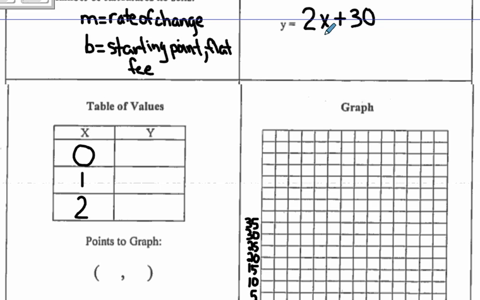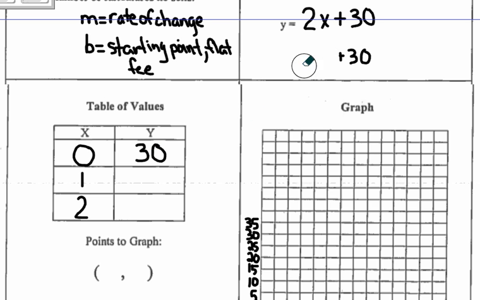We did this before when we were studying functions. So I'm going to have 2 times 0 plus 30. So that would be 0 plus 30 is 30. So what this is saying is, if Bob sells 0 caricatures, his bill will be a total of $30.